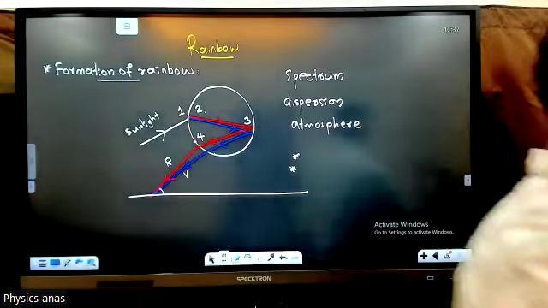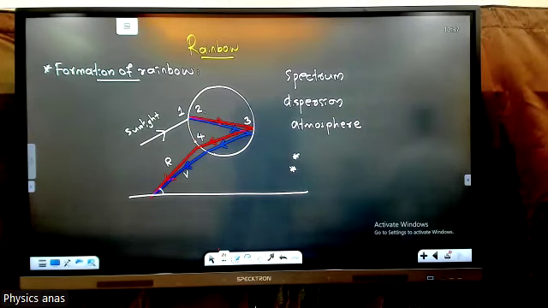We are seeing each color at different angles. That's why we are seeing it as a rainbow.